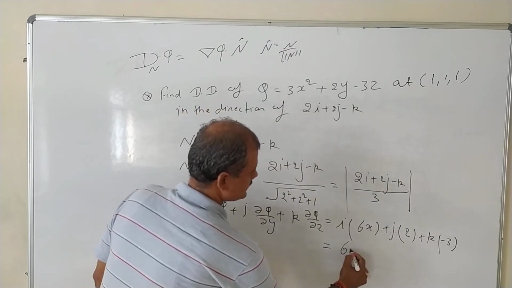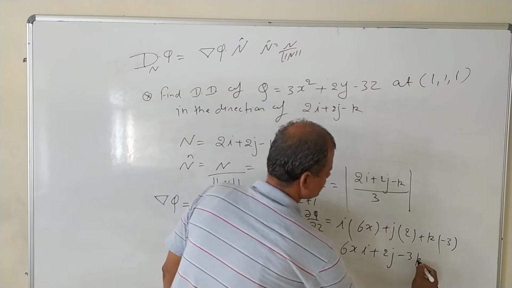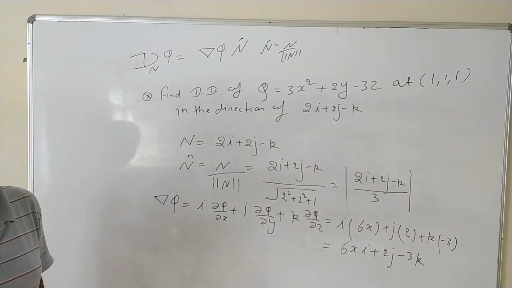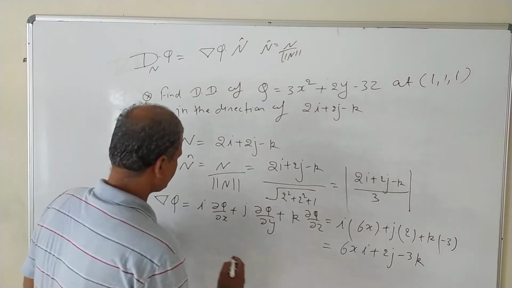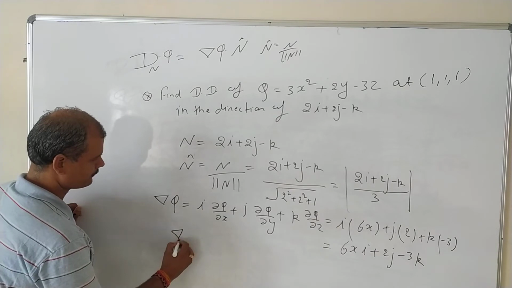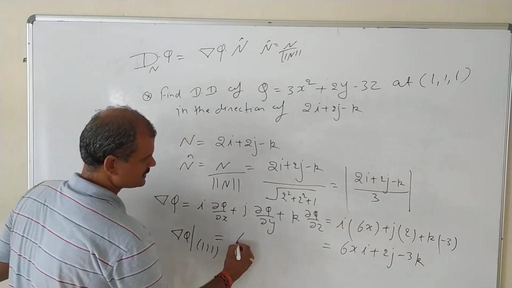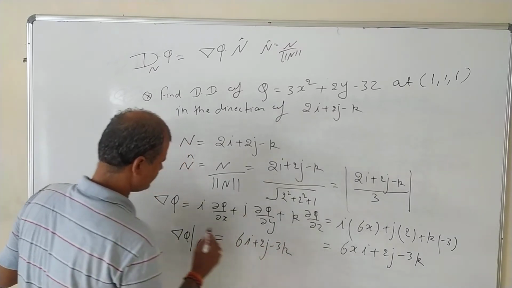So we get 6x i plus 2j minus 3k. And at the point (1, 1, 1), the gradient of phi will be 6i plus 2j minus 3k.